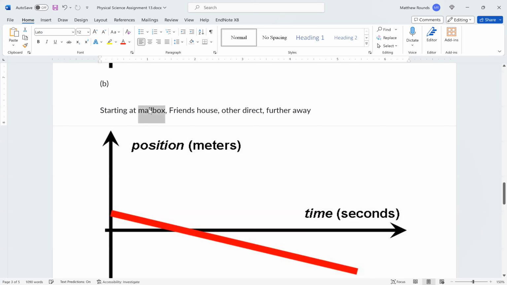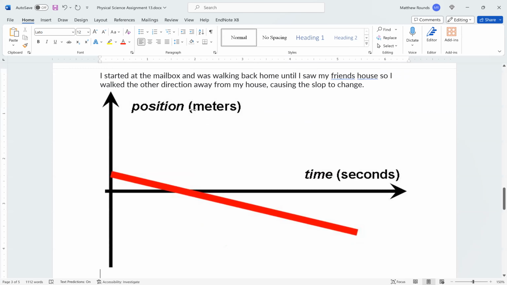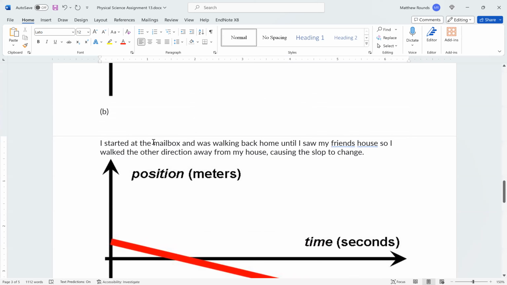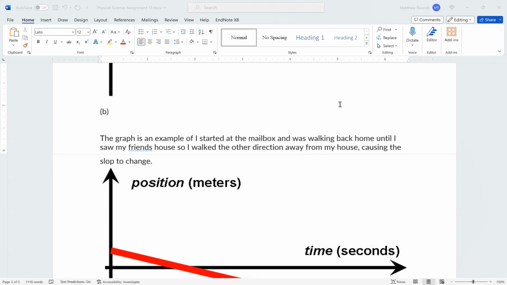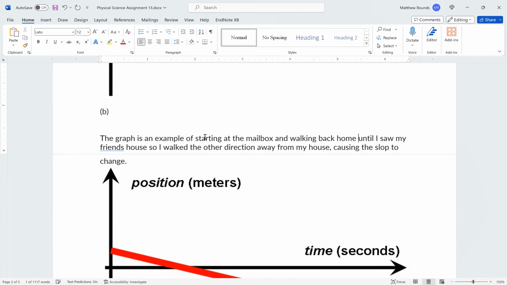Right, so just like the previous one, you've got to try to avoid as much first person as you can. You want to say the graph is an example of something like that. That's less first person. You could say starting at the mailbox and walking back home, but continuing past home towards a friend's house the other direction.